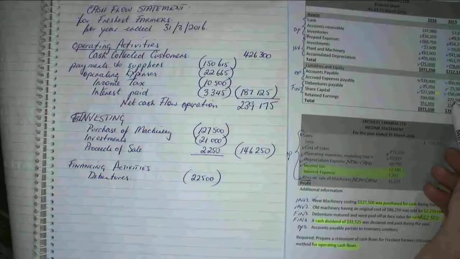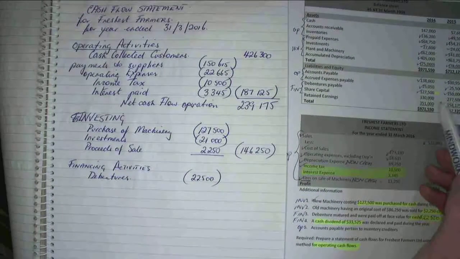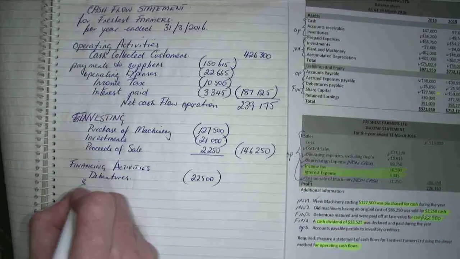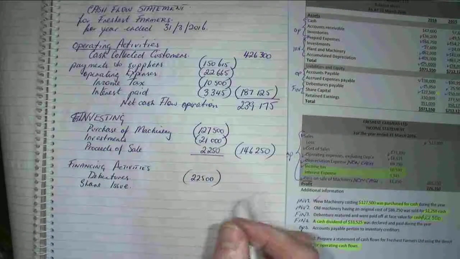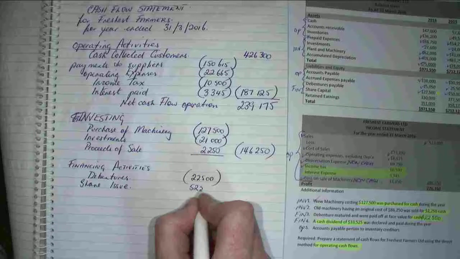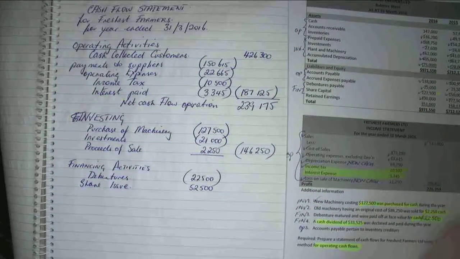My share capital has gone from 277,500 up to 330,000. So it looks like we've got 52,500 of share issue. Share issue is, what did I say, 52,500. And I can tick off that one and that one.